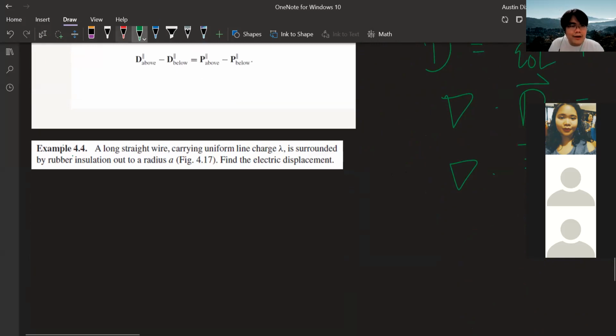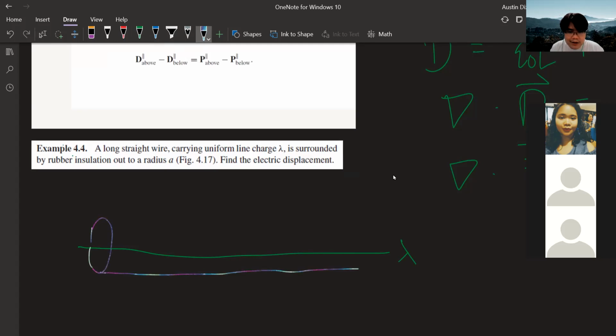So let's draw a wire. Long straight wire of line charge lambda. So line charge lang yan, yung green natin. Is surrounded by a rubber insulation out to a radius a. Let's say ito yung rubber insulation. So ayan ay nakabalot daw sa isang rubber material.